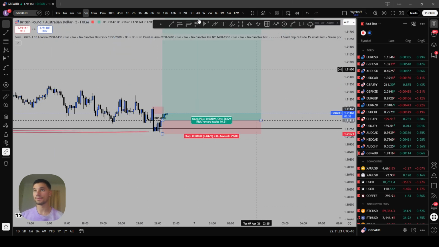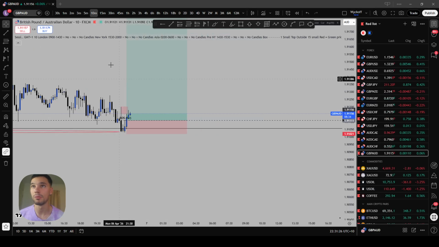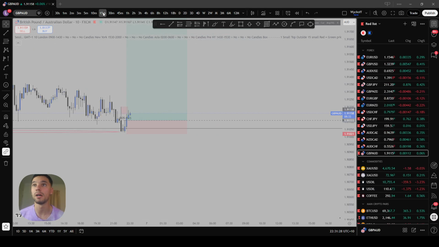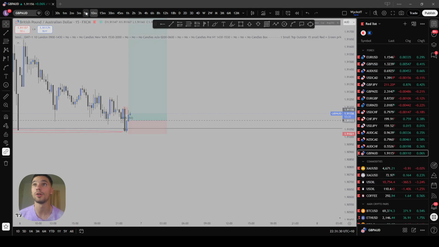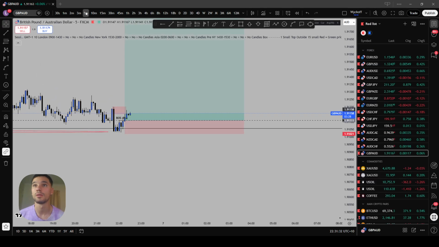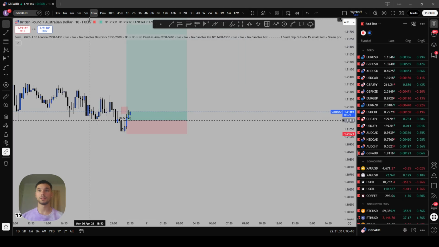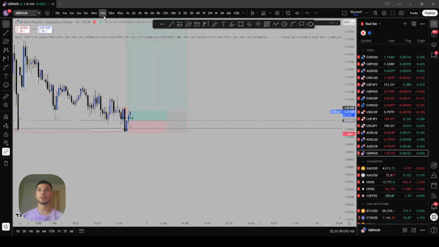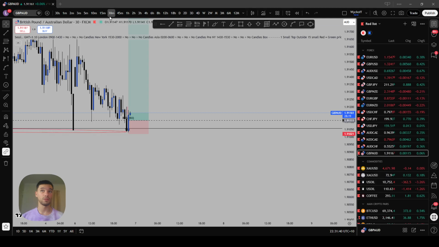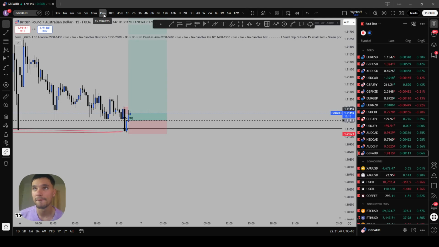If we break, depending on the level of market structure we break, it will depend if I keep my limit buy there or not. Inside bar candle, not valid.